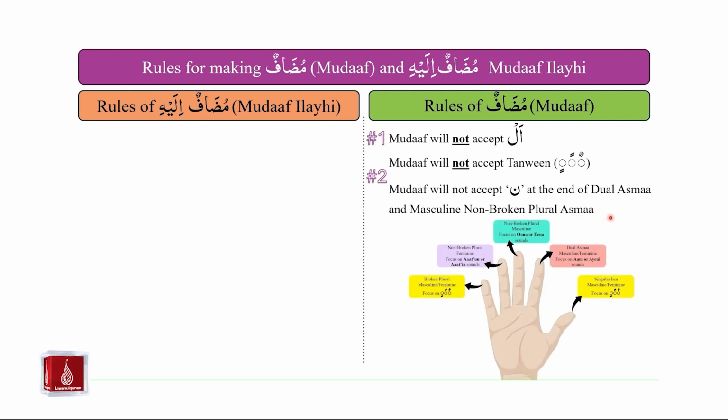We previously studied that from the standpoint of status, asma can be divided into singular ism, dual asma, masculine non-broken plural asma, feminine non-broken plural asma, and broken plural asma.